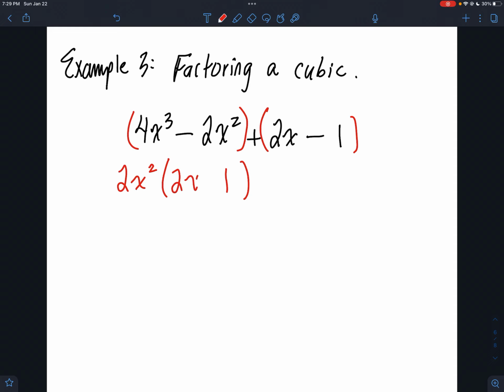But this one we're left over with a 2x. And this again is a little weird because there is nothing in common between a 2x and a 1. 1 never has anything that can be pulled out, right? So if that happens, the term for it is relatively prime, right? They don't have any similarities with themselves.